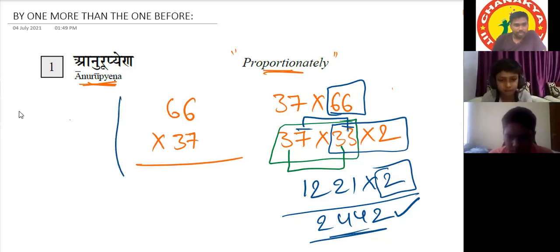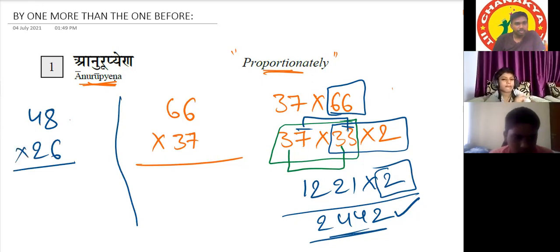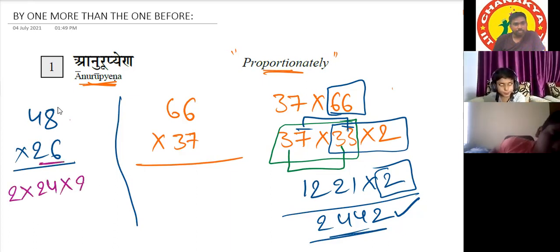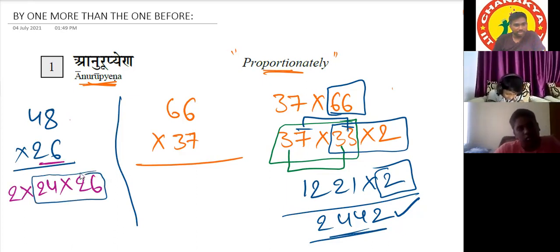See, like 48 into 26. Okay, how can we convert this question? We can write 48 like 2 into 24, into 26. First we'll do this part because these two come under our category.